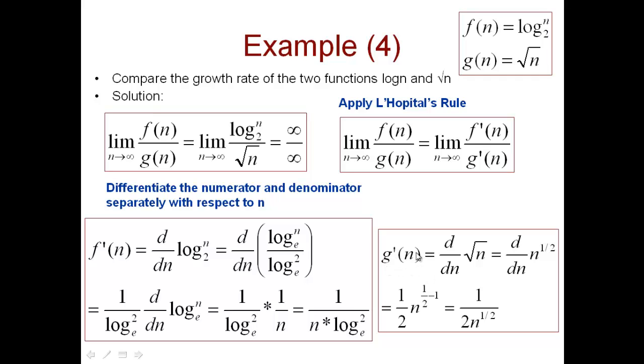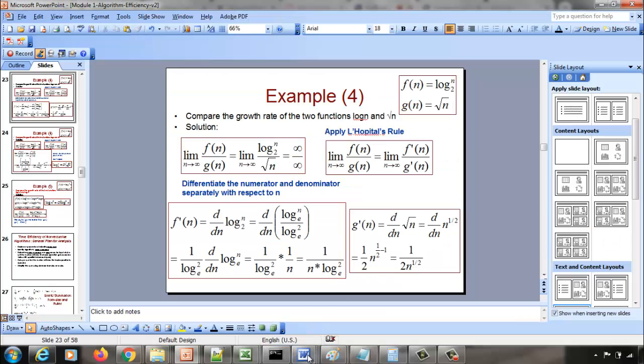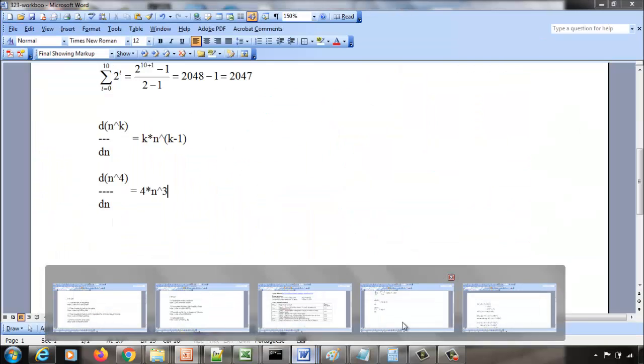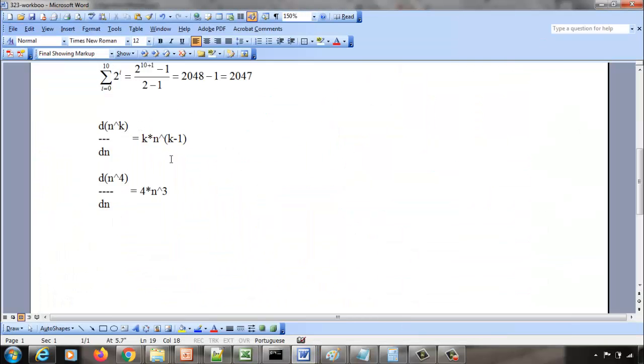Now for g prime of n, g of n is square root of n. So differentiation of square root of n with respect to n, we can use the formula that I mentioned here. So here k is half. So that is going to be half times n raised to half minus 1. And that's what I have written here.